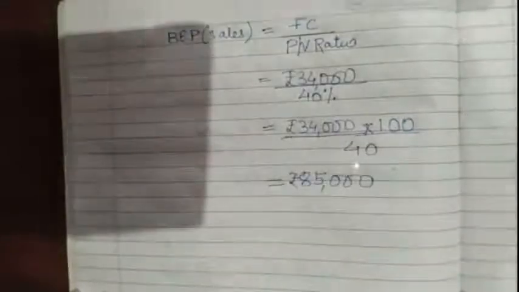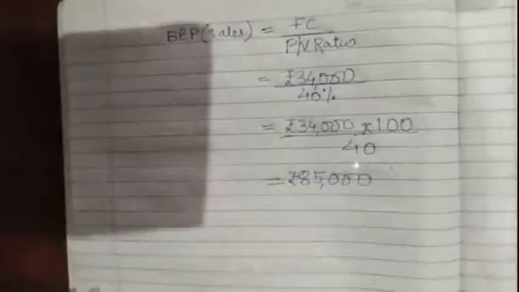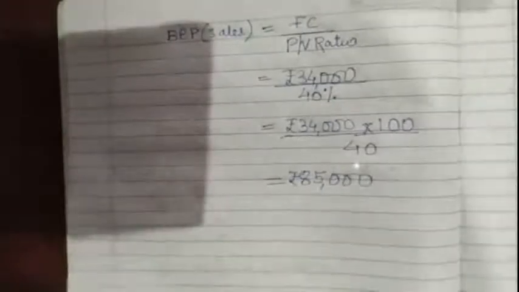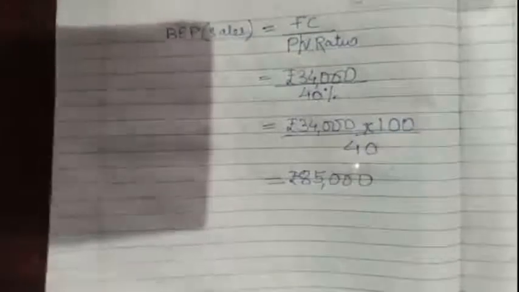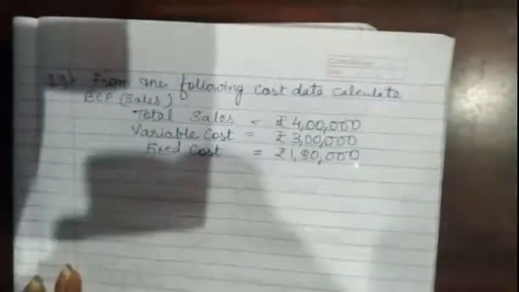Okay, so now we will take one more formula on break-even point in sales in rupees. One more problem we will take, so that you will understand the second formula also.